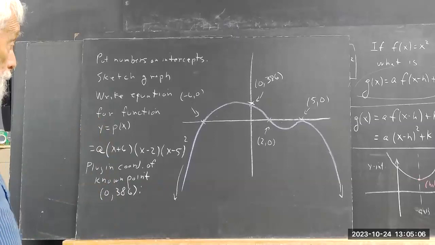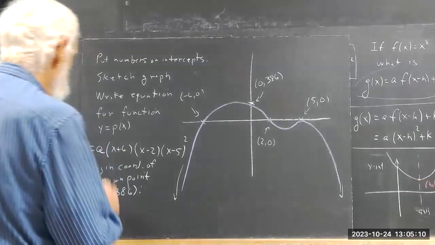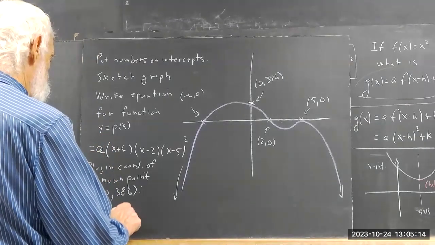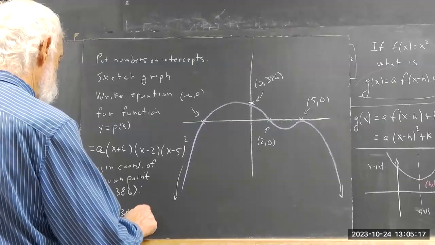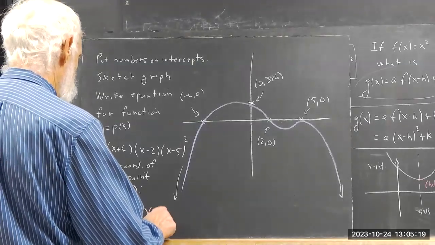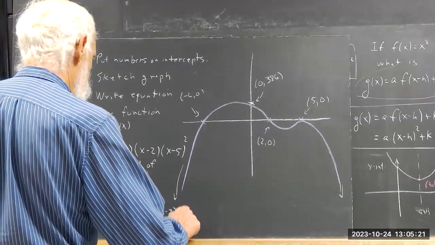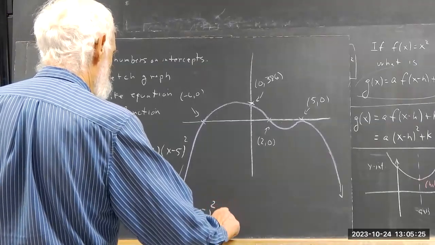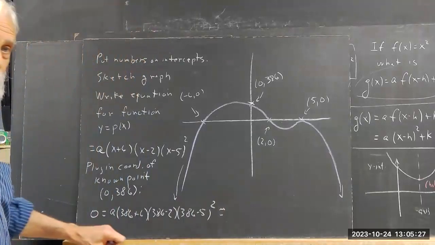I'm not going to do all that arithmetic. I'll give you a ballpark if it might be right or not. So we get 0 equals A times 386 plus 6 times 386 minus 2 times 386 minus 5 quantity squared. Now I'm going to make a guess.